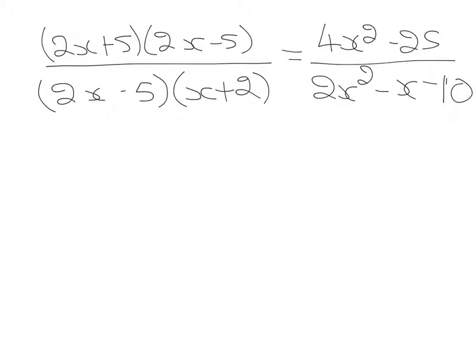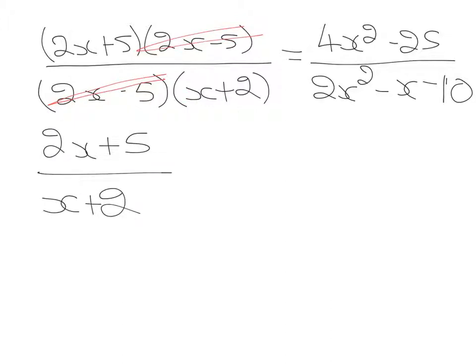Now look to see what you've got the same top and bottom that you can cancel out. Oh look, I've got a 2x minus 5 in the bottom and a 2x minus 5 on the top. I can cancel them out. Okay, so that leaves you with 2x plus 5 on the top and x plus 2 on the bottom. So our final answer is 2x plus 5 over x plus 2.